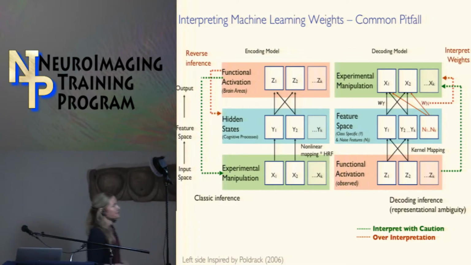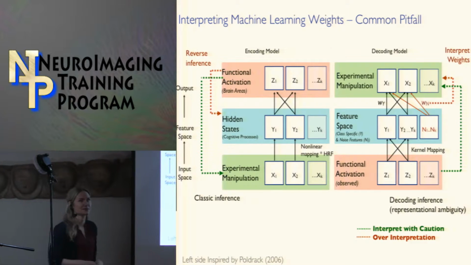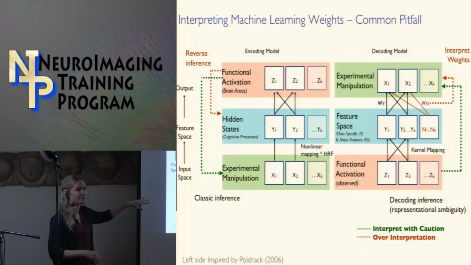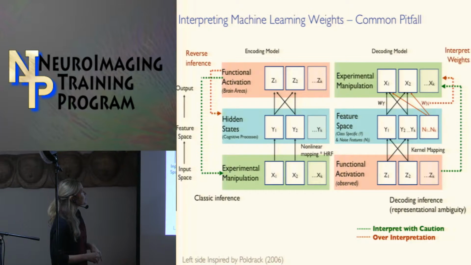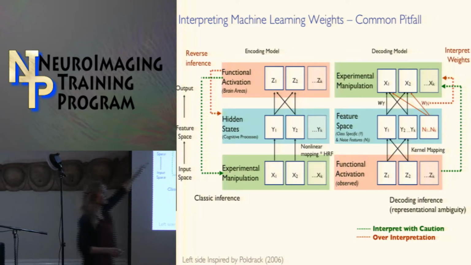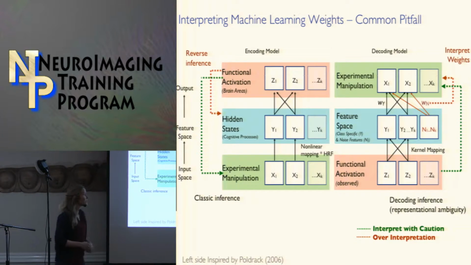So this is kind of inspired by something that Russ Poldrack wrote in 2006. He talked about the dangers of reverse inference. One of the dangers of reverse inference is looking at functional activation maps and making inferences that those have implications for cognitive processes, as opposed to just the experimental manipulation.